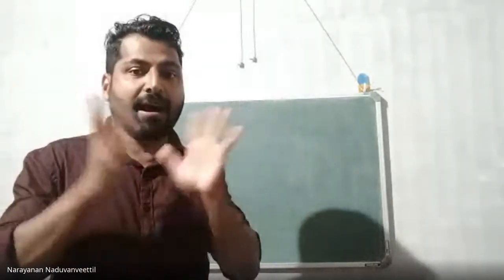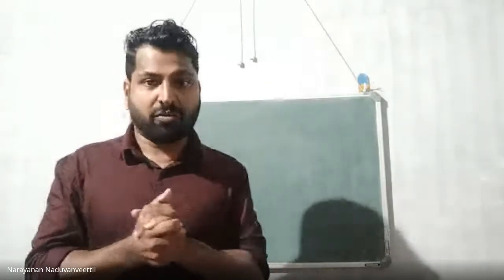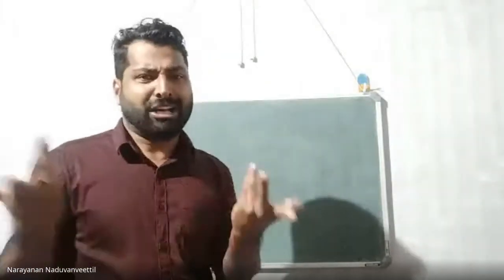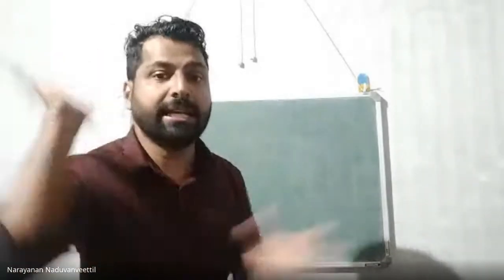Is, am, are, was, were, has, have, had, will, would, can, could, shall, should, may, might, ought to, must. Not important: need, dare, had better. Very important: do, does, did.